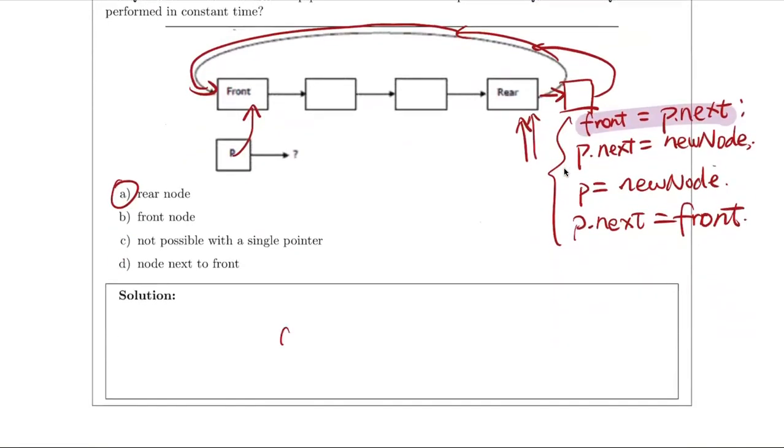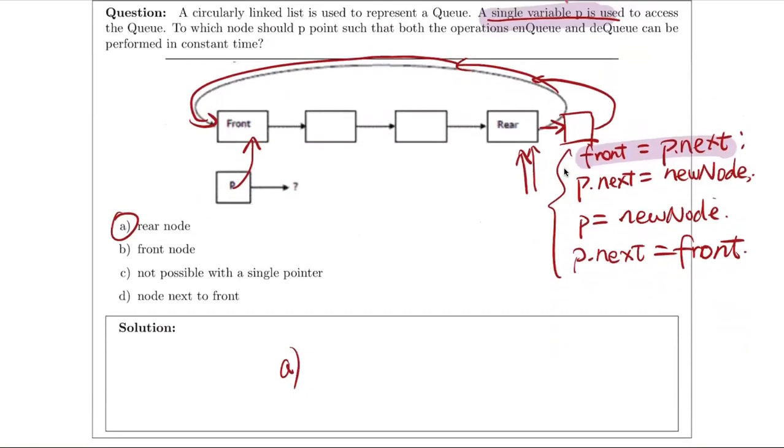Sorry, just a quick question. So the front is not a dummy node, it's a real node with a value? Yeah, I think so. I don't think it matters that much here, but the fact is that if I want fast access to rear and front, I need to point at the rear because this is a singly linked list.